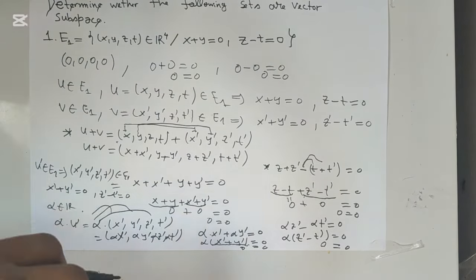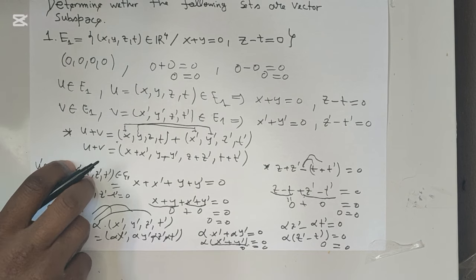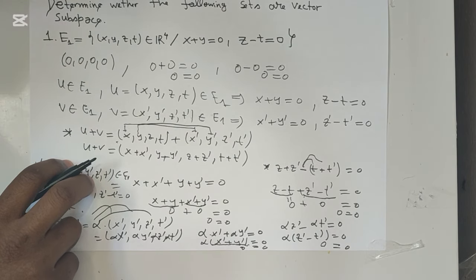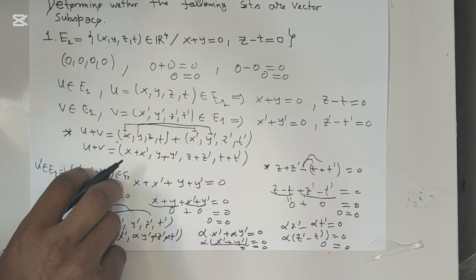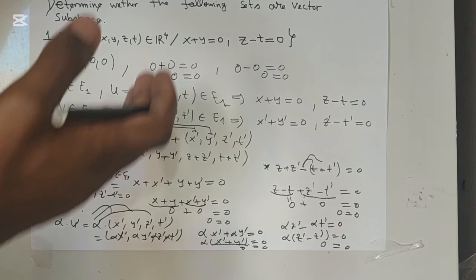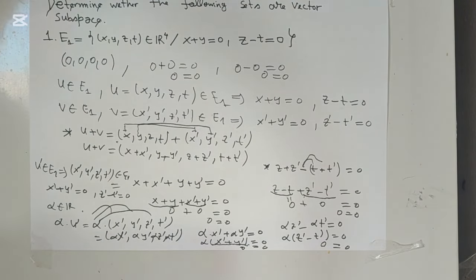If u prime belongs to the set, it means the sum of the first two components must be equal to 0, and the subtraction of the last two must also be equal to 0. So then we have shown that this set satisfies all these properties. Then this set is a subspace.